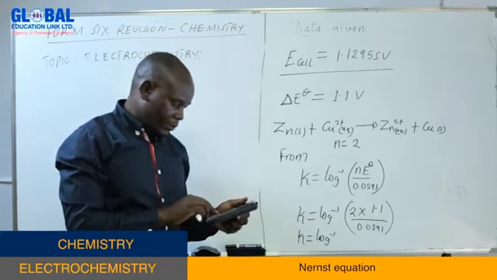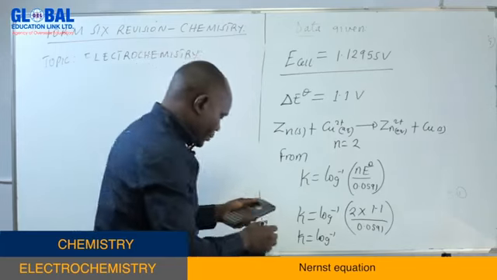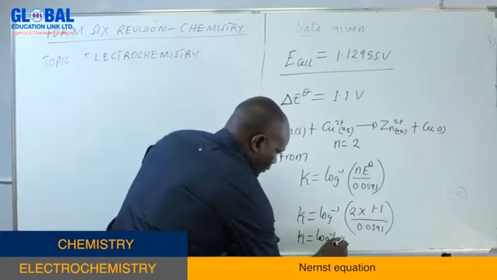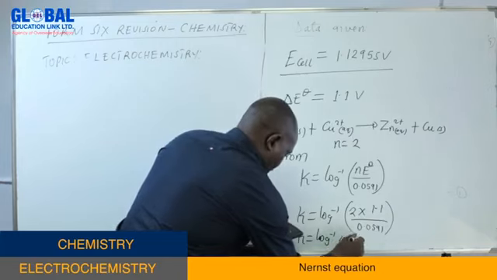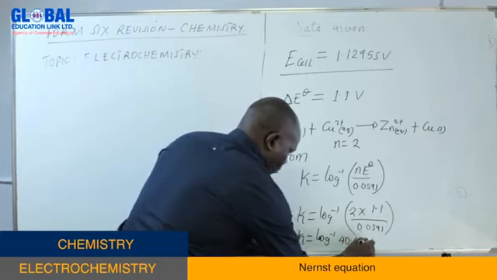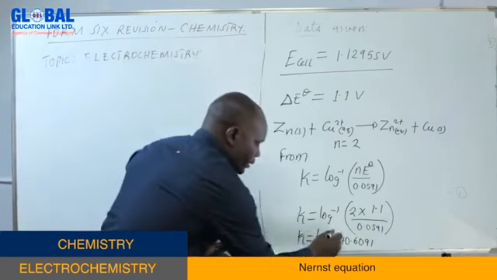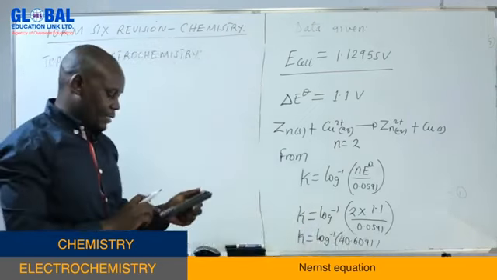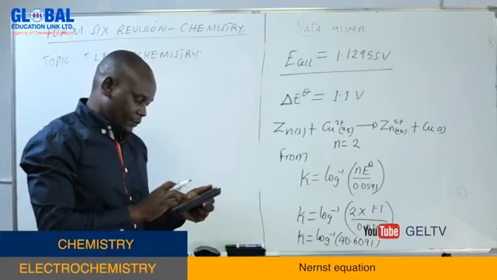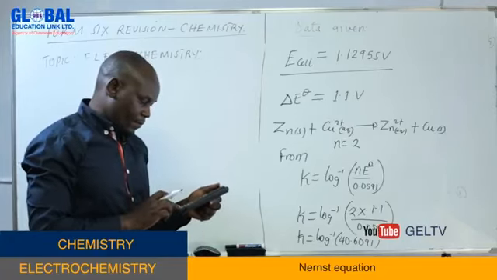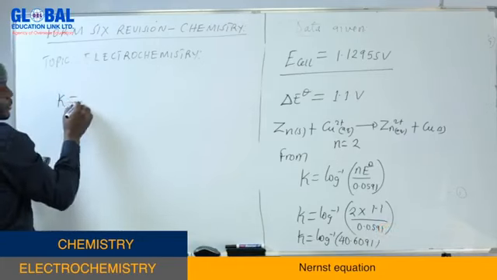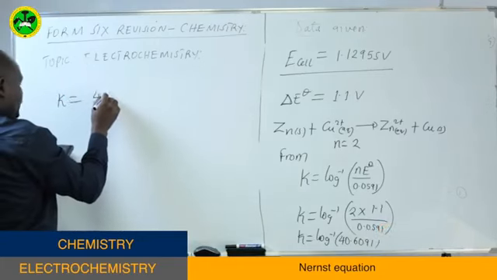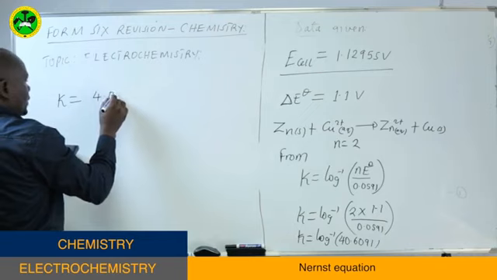Here you get the answer, which is approximately 40.6091. Now find the log inverse of this answer. You just use your calculator, then you will have K, which is equal to 4.060.